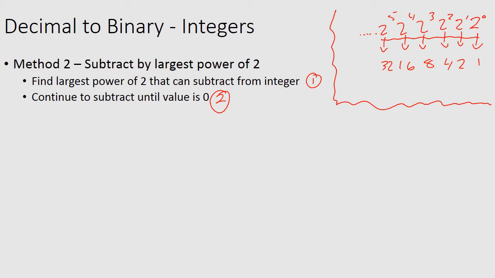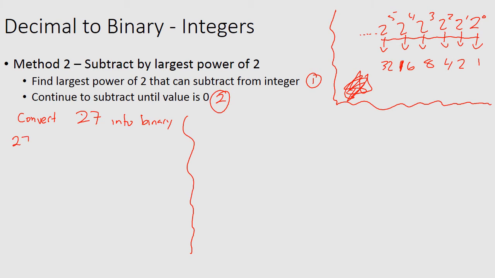And what we're going to do is we're going to take our number that we wish to convert. So let's say convert 27 into binary. What we're going to do is we're going to find the largest power of 2 from over here on the right that we can subtract from 27.